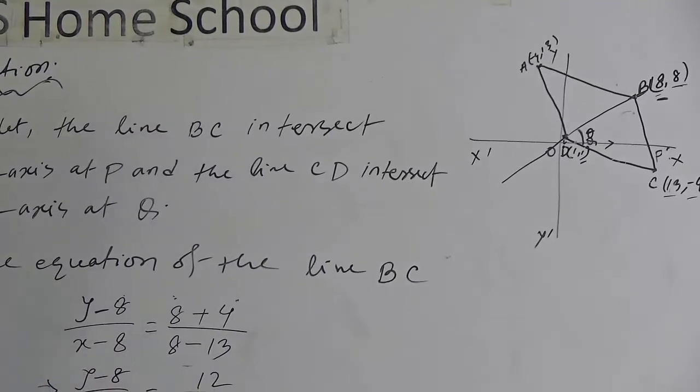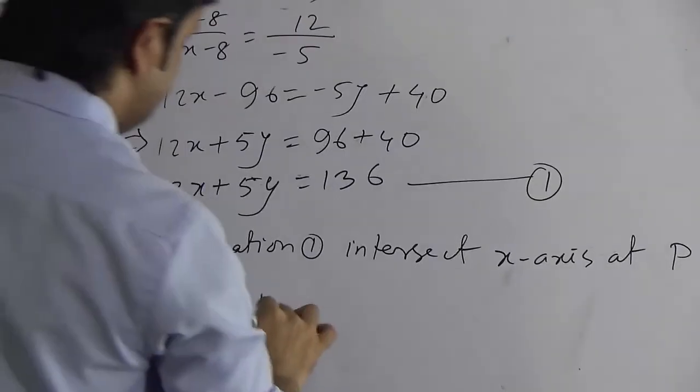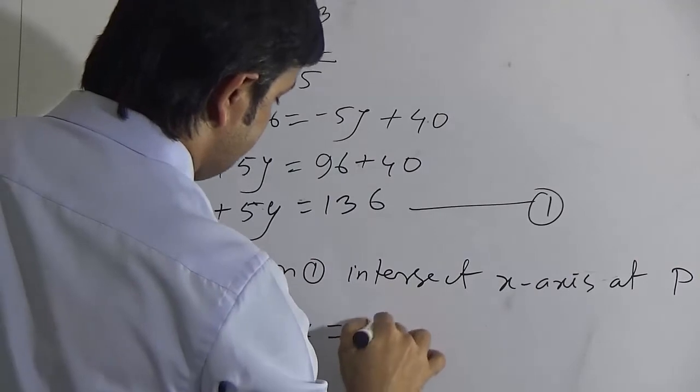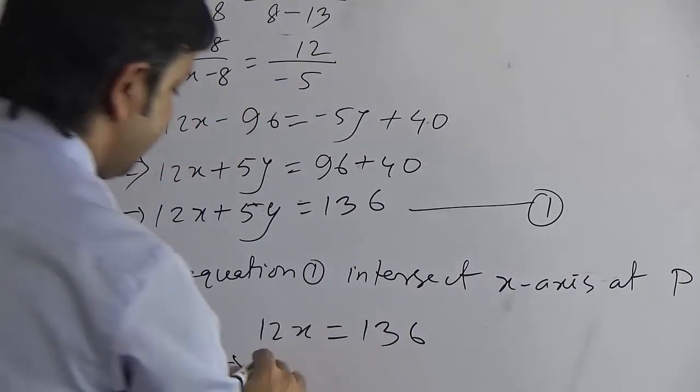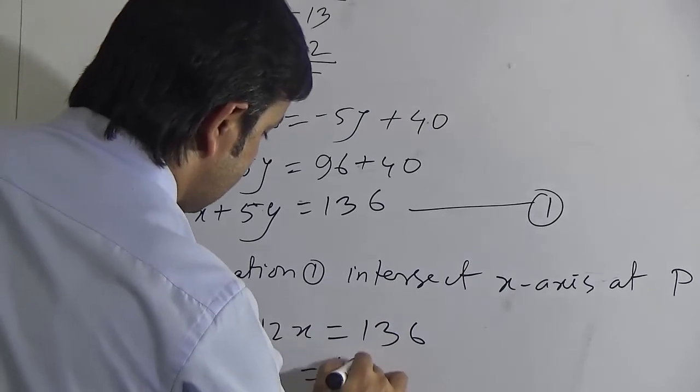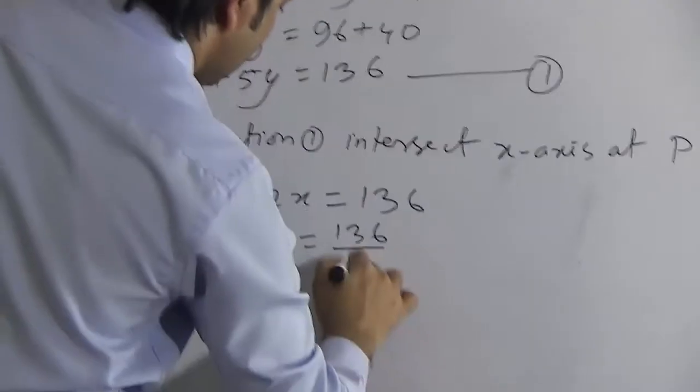So if we put y equal to 0, we get 12x equal to 136. This means x is equal to 136 by 12.